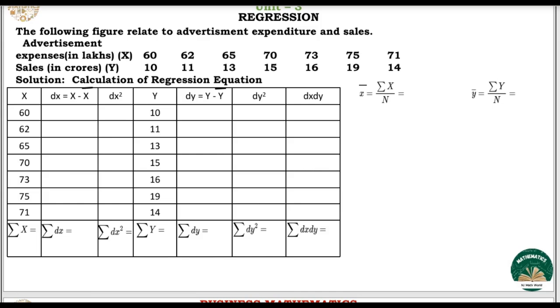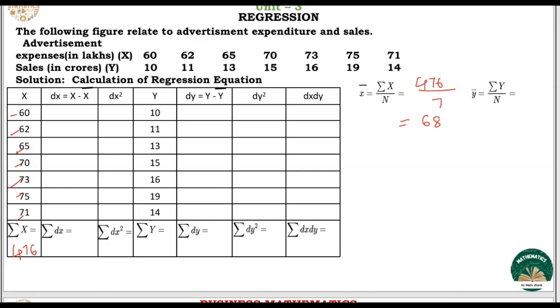If you add these terms, you get 476. So x bar will be 476 divided by n, which is 7. 476 divided by 7 is 68.